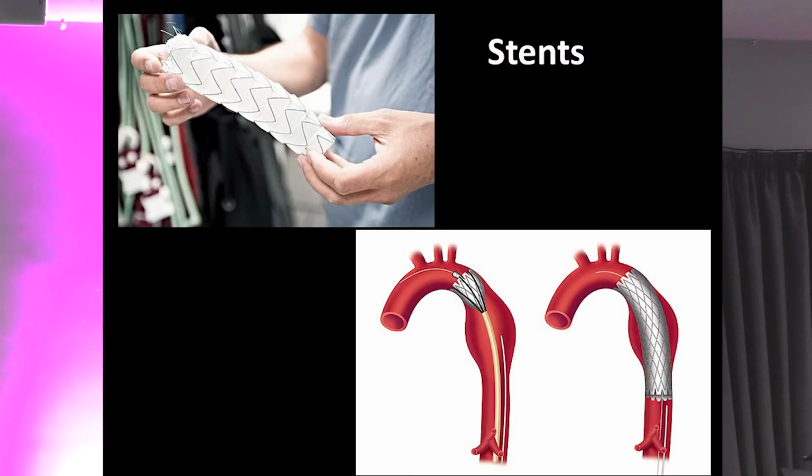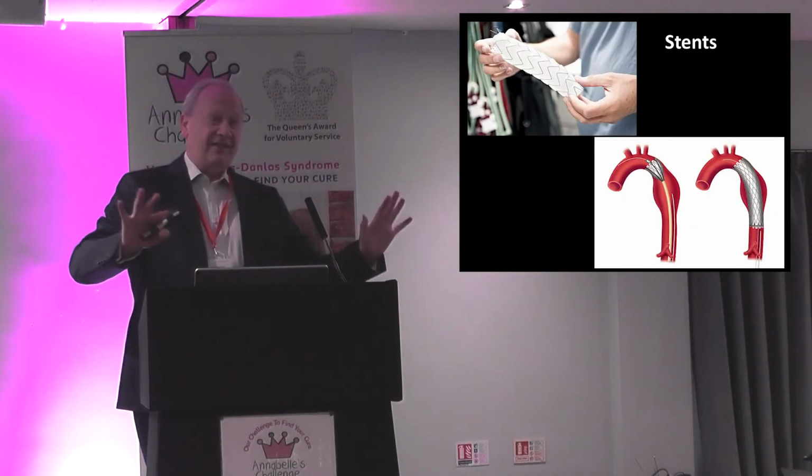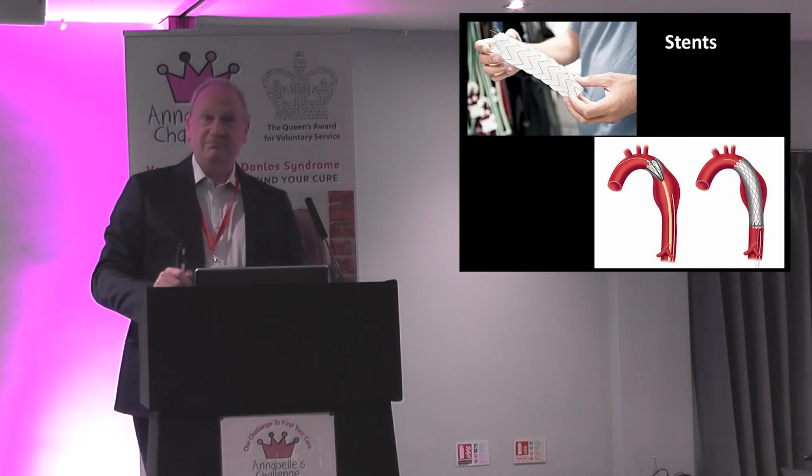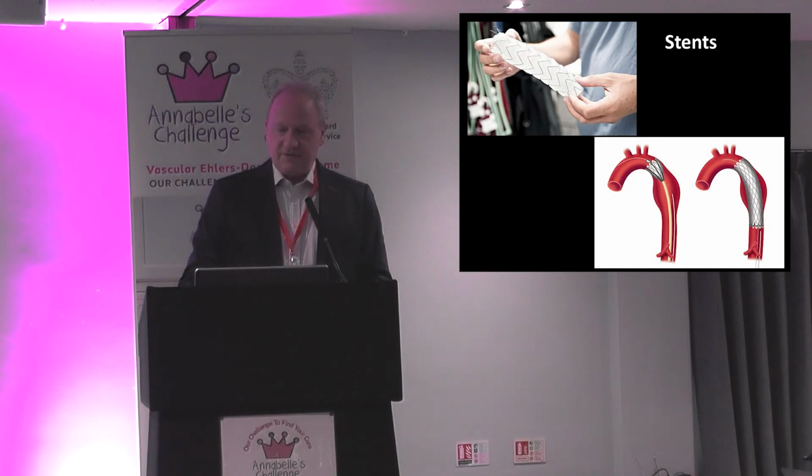Some of them are deployed on balloons. So you put the balloon and the stent into the artery, expand the balloon, it expands the stent, you deflate the balloon, pull it out and leave the stent where it is. And you'll see the stent can support the arterial wall, and it can actually plaster back any dissection that's occurred. So they can be very, very useful in certain circumstances.